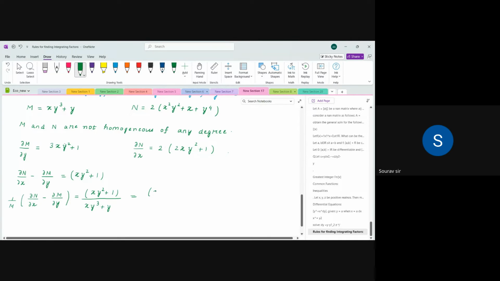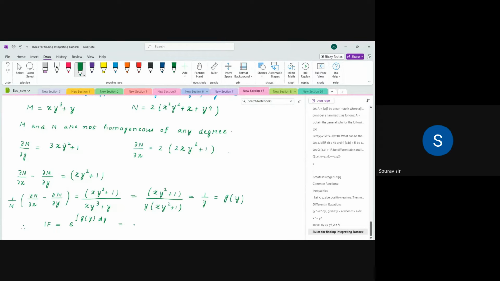So the y can be taken out common, which is just a function of y. Correct? So I can use the fourth property and conclude that the integrating factor will be e raised to the power integration of g(y) dy, which is e raised to the power integration of 1 by y dy.